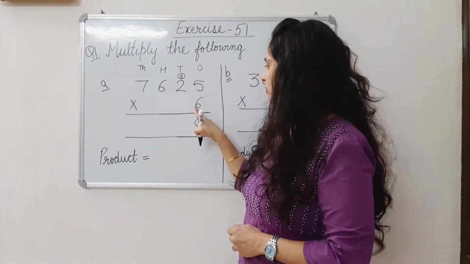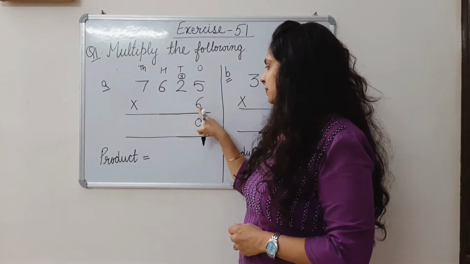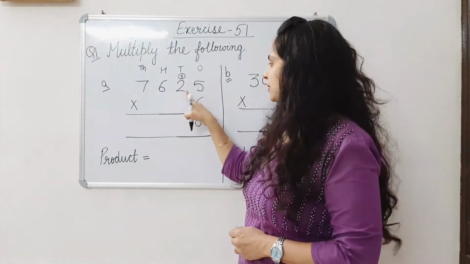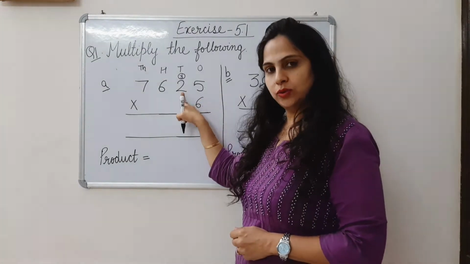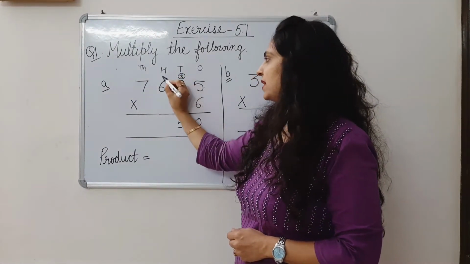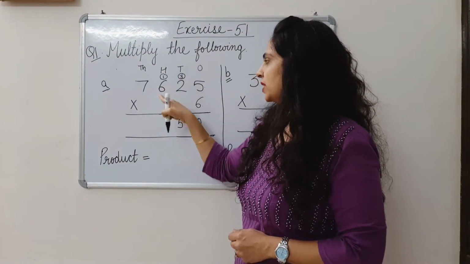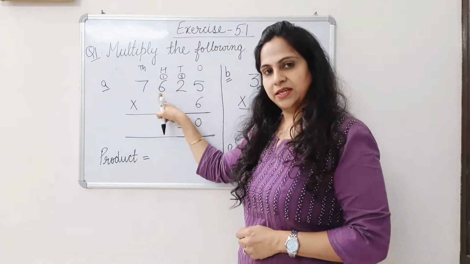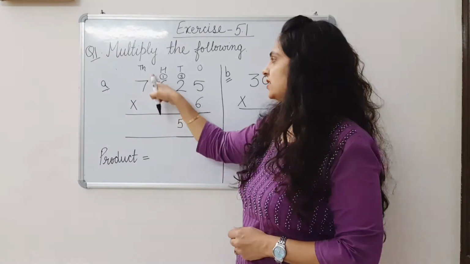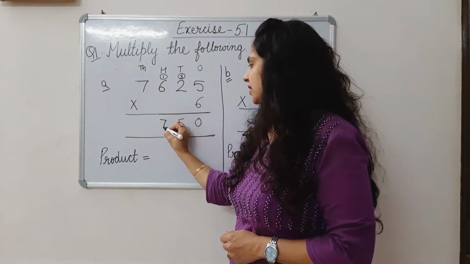Okay. Now the next step is we will multiply the 1-digit number by the 10th digit of the multiplicand. 6 2s are 12. 12 plus 3 is 15. Now we will carry 1 over the 100th digit. Now 6 6s are 36. 36 plus 1 is 37.